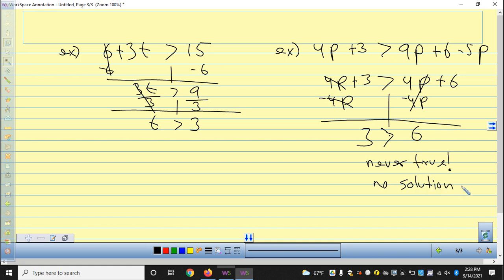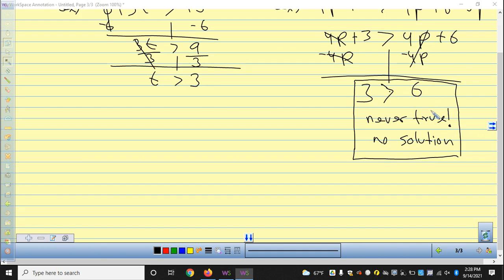So this is what I want you to add under your additional notes. If you get something like 3 is greater than 6, something that is never true, that means you have no solution.